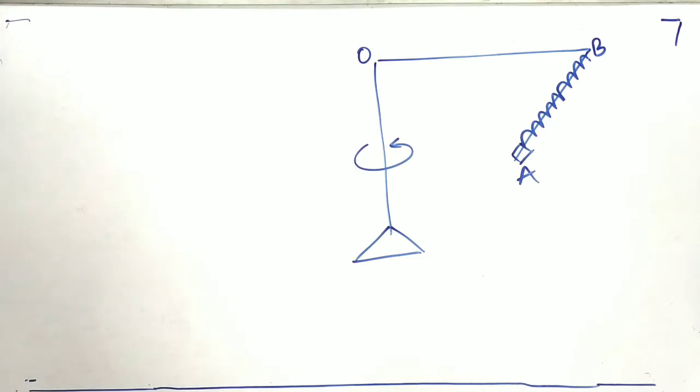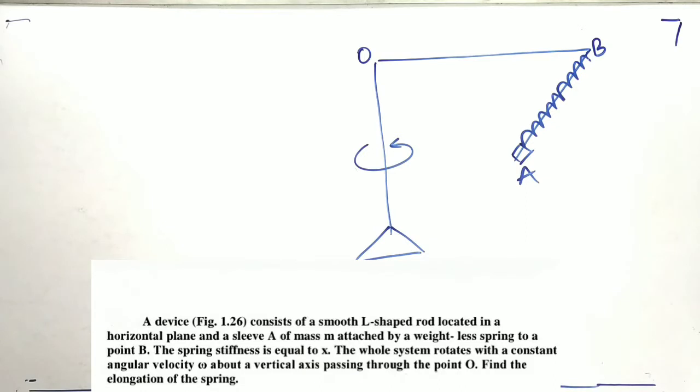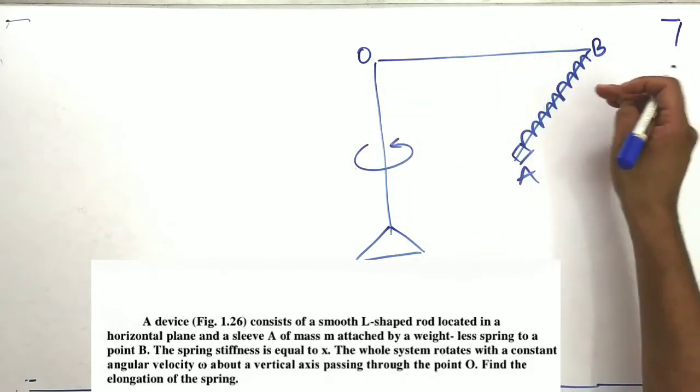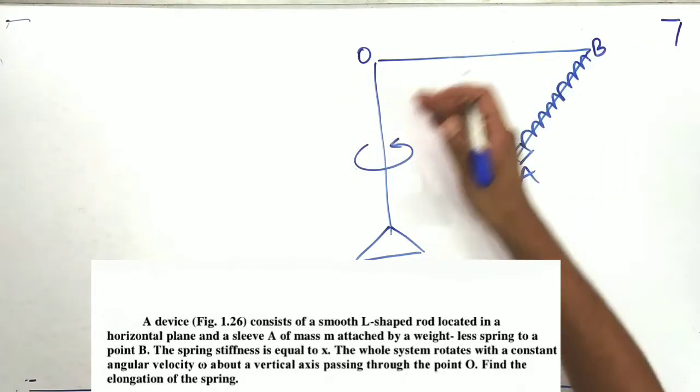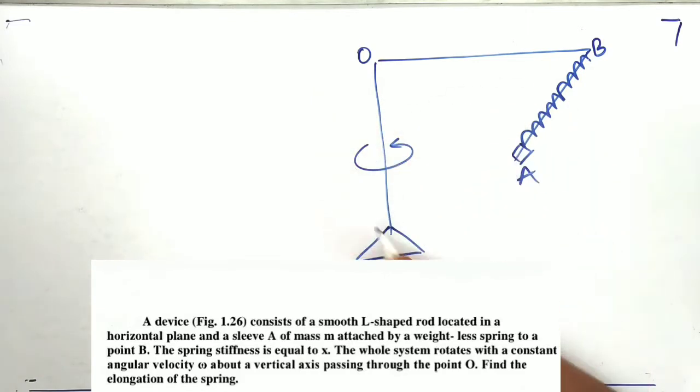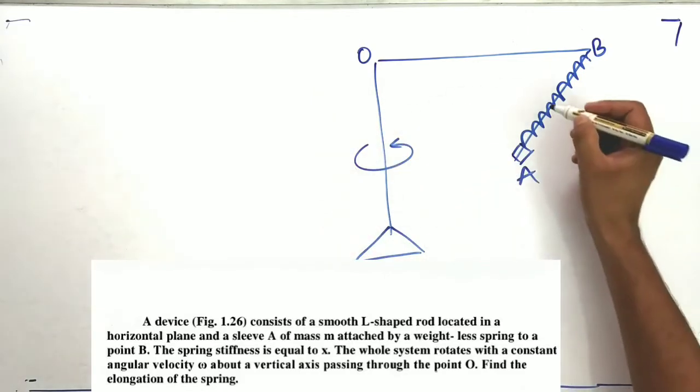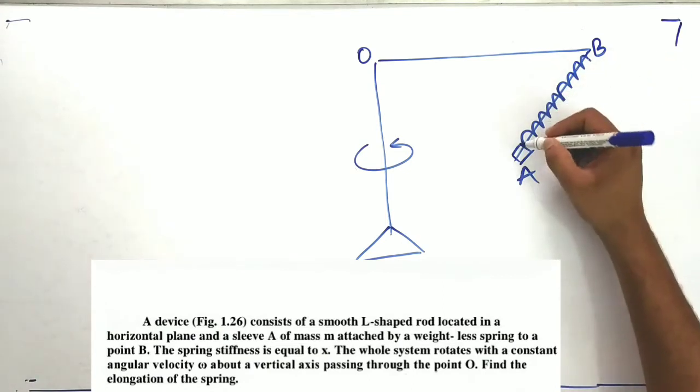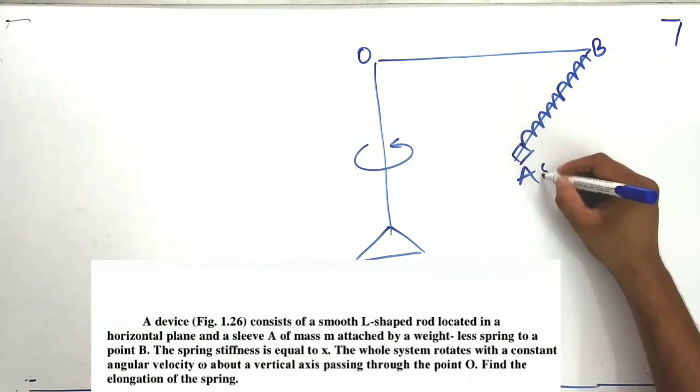We're gonna look into another question from the chapter Kinematics, and the problem is that this is an L-shaped device. It's rotating in the anti-clockwise manner, and there's a spring attached with a sleeve.